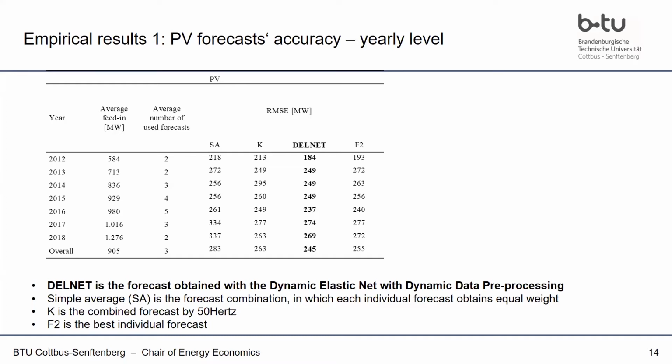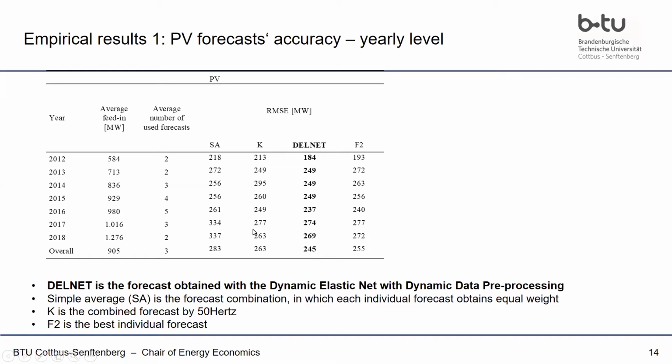Here we can see that RMSE delnet is lower than RMSE of both SA and K. And it's also even better than the best individual forecasts in all years. So it averages 245 megawatt throughout the whole period.